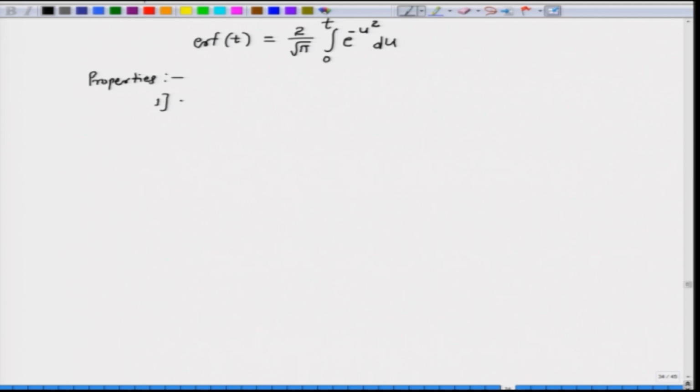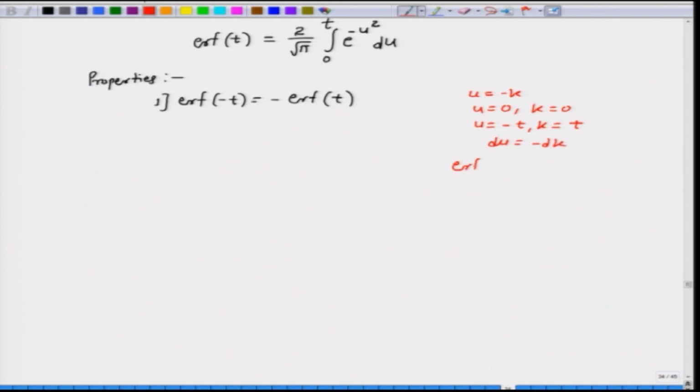First one is that erf(minus t) is equal to minus erf(t). It is easy to show. If we make a substitution u equal to minus k, then when u equal to 0, k equal to 0, and when u is equal to minus t, k equal to t, and also du is equal to minus dk.